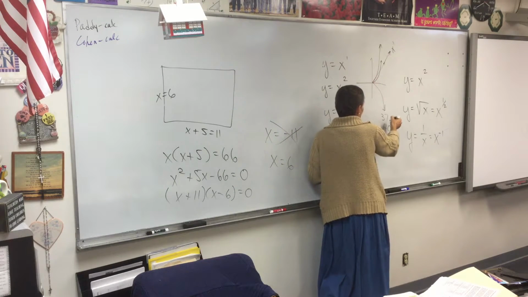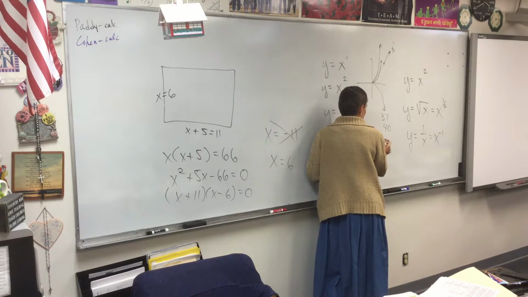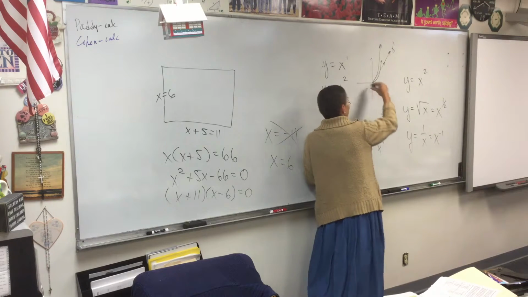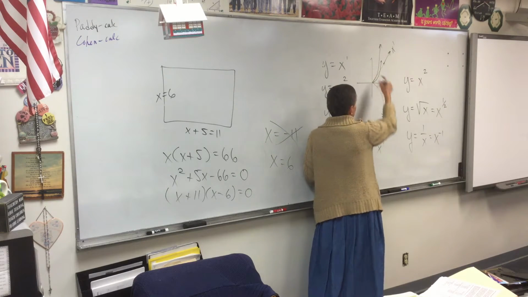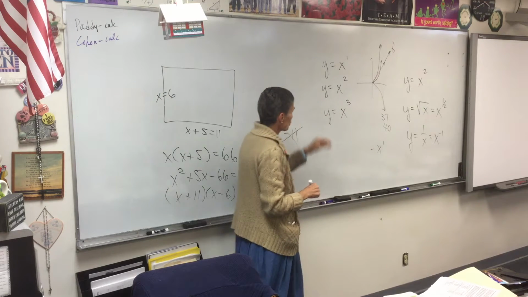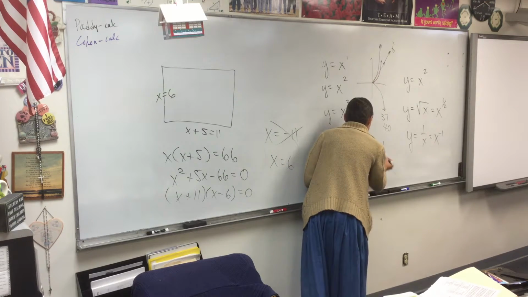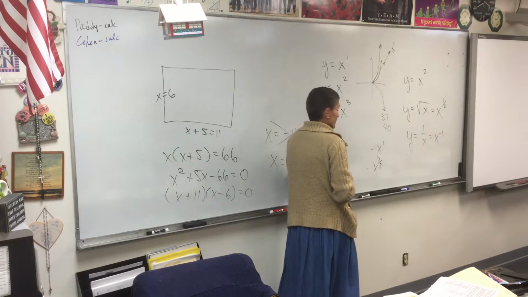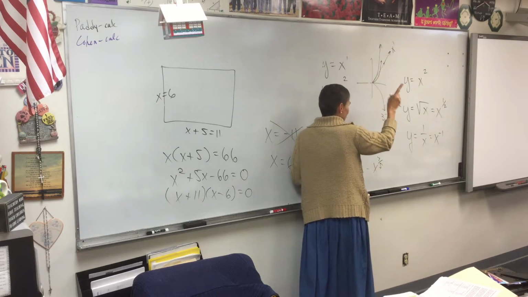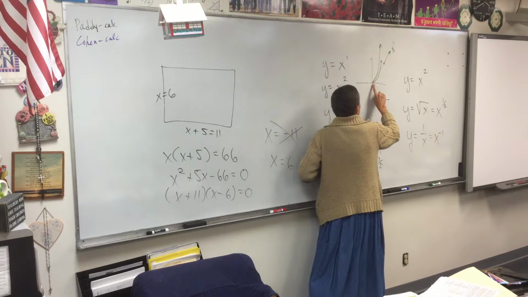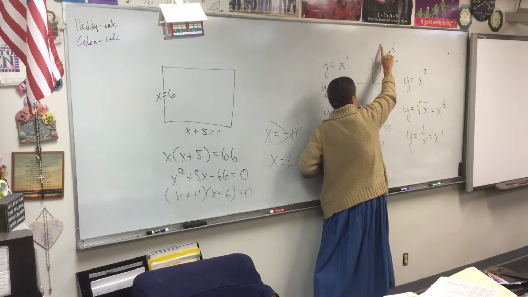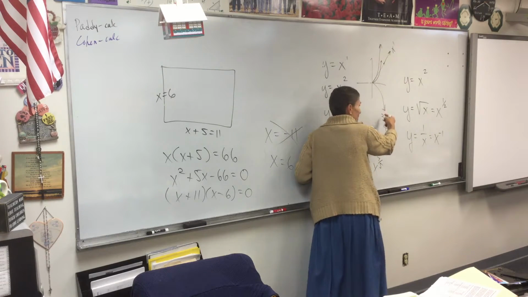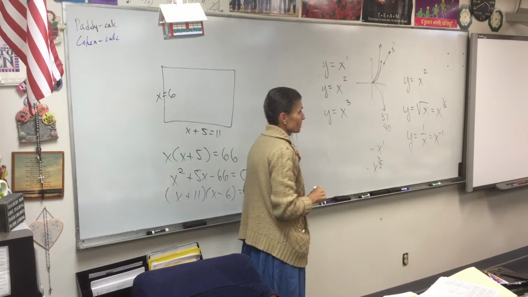If it's going down, then it's negative x to the first, because all the ones down here are negative whatevers. So if you have a negative x to the 7/5, that's going to have this shape. Anything bigger than 1, if it has a positive coefficient, it's going to go like this. If it has a negative coefficient, it's going to go like this.